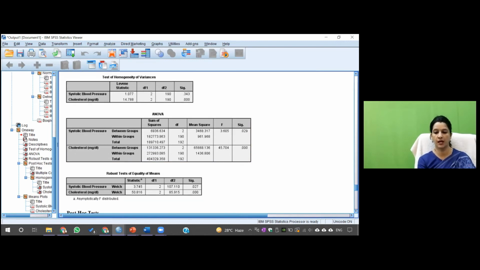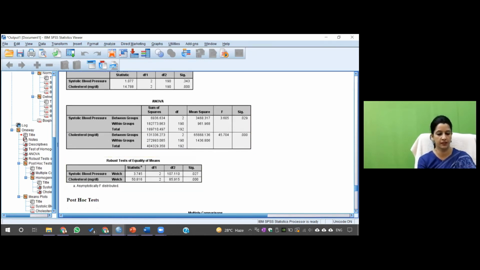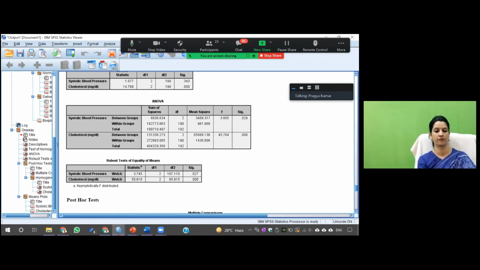And if you go down here, can you see something written as Welch? This Welch ANOVA is the F statistic value we take when the equality of variance is not assumed.